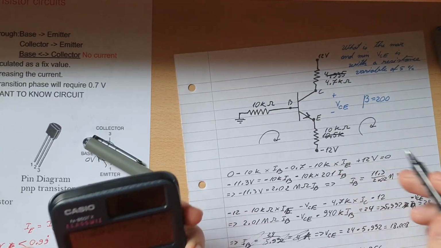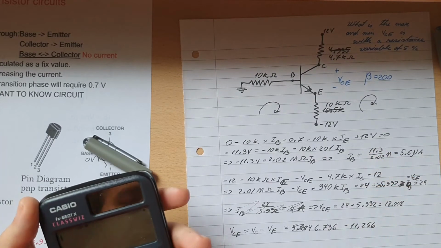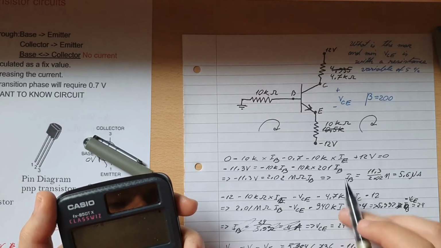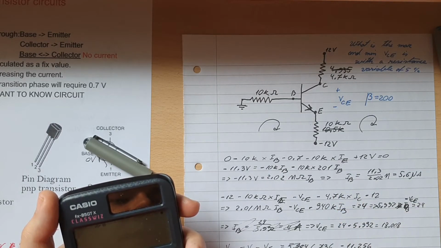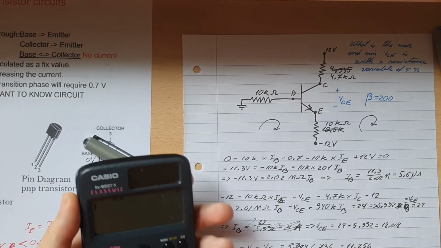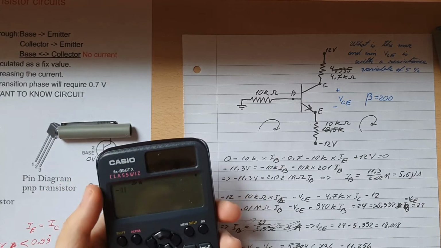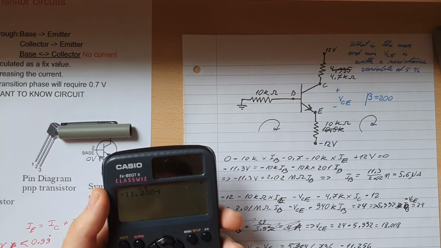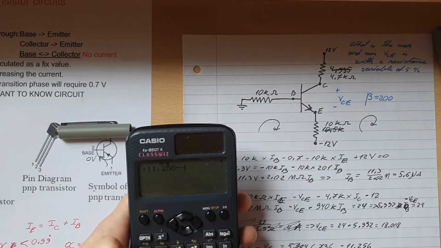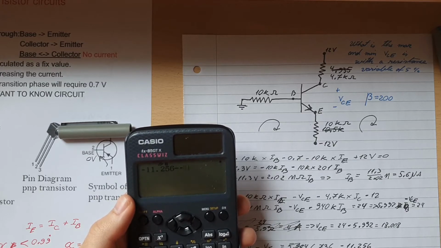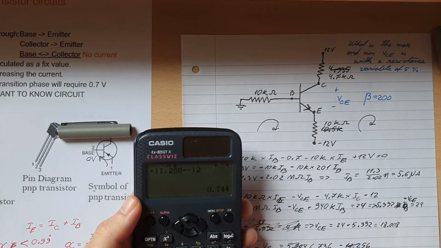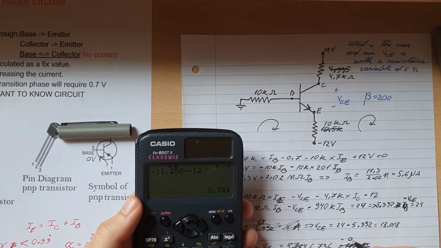And I think it just stays like that. No, it's a minus, then we take it away from this one, so it'll be minus 11.156 minus 12, okay, and that'll give us 0.744, so that'll be minus 0.744.